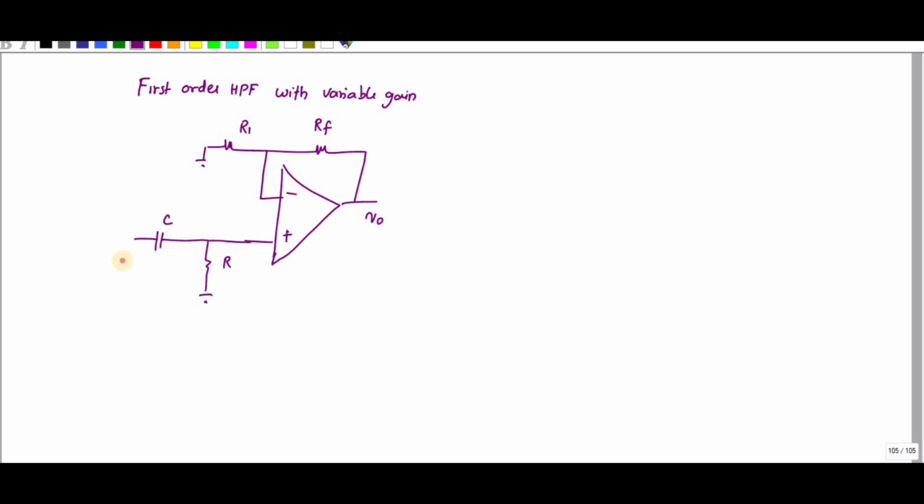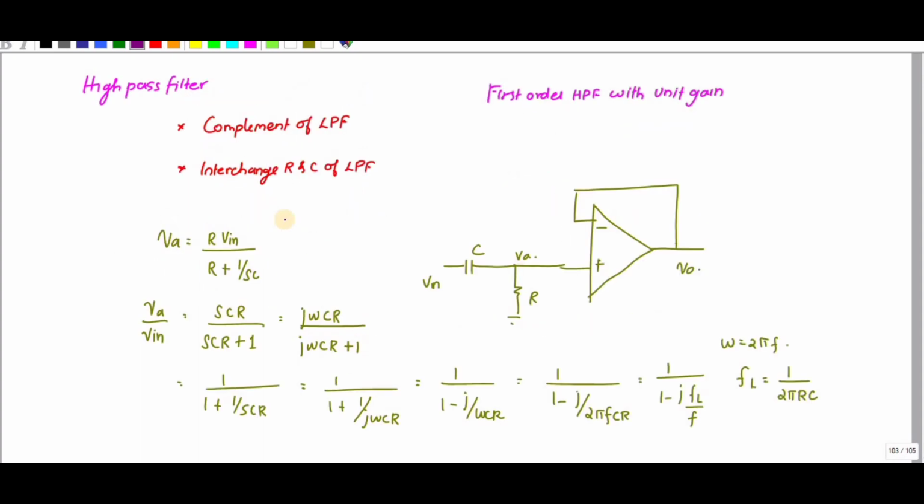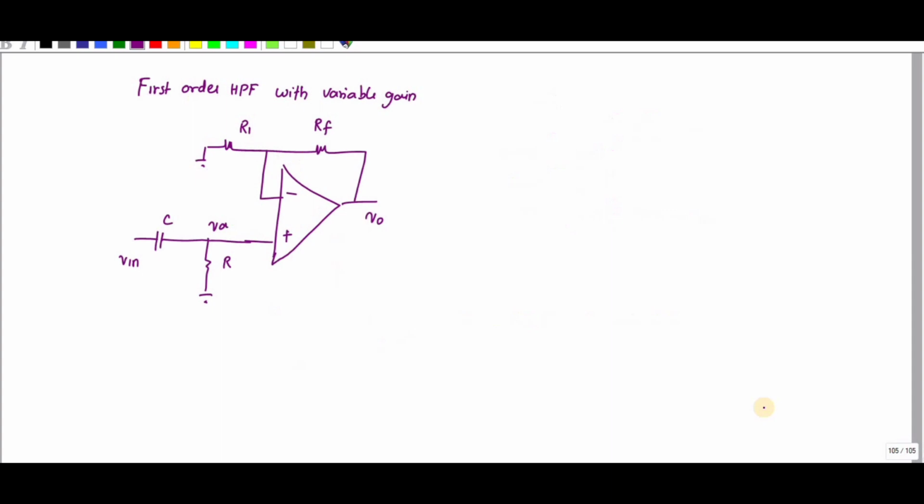Now for VA, we know from the previous result that VA by Vin is equal to 1 divided by 1 minus J FL by F. So V0 is equal to 1 plus RF by R1 into VA, since it is a non-inverting amplifier.